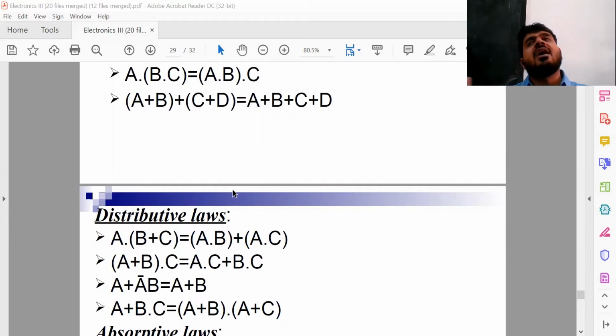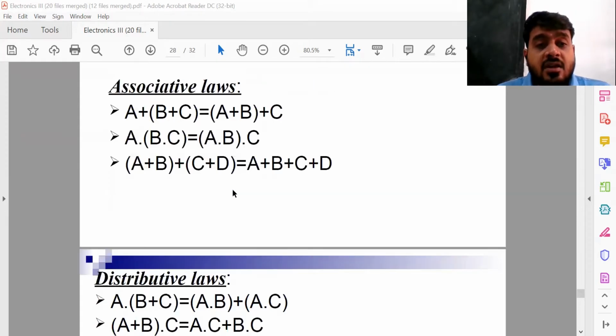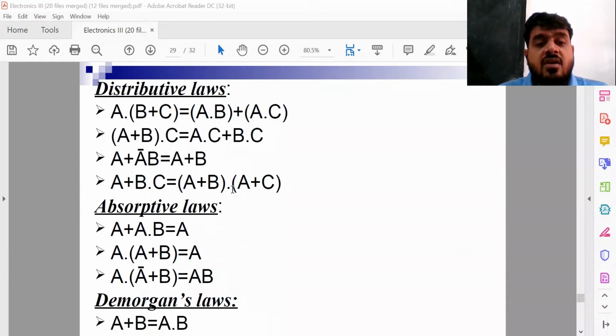When you solve the AND gate, OR gate, or NOT gate, you will get a lot of outputs, with multiplication and addition happening if you have multiple gates. At the same time, you have to apply the laws so you can find out what single output you will get at the end. That's why you have to apply Boolean algebra.